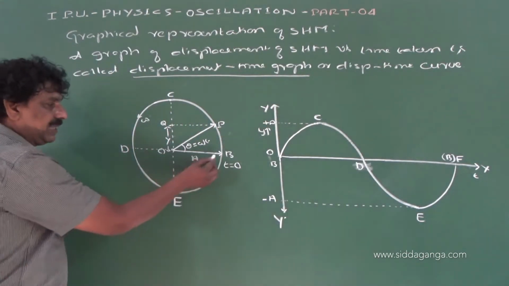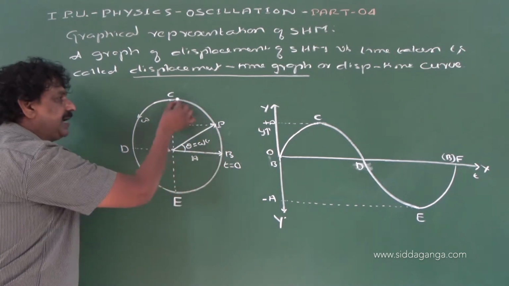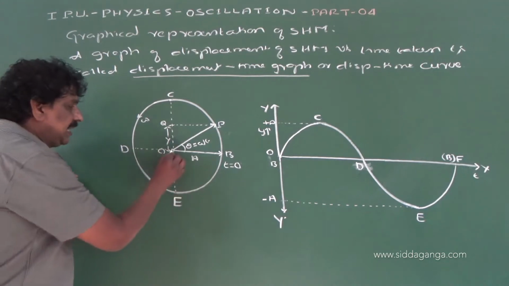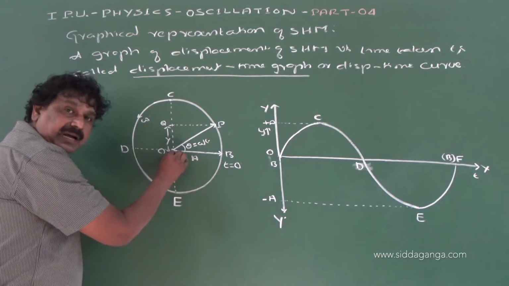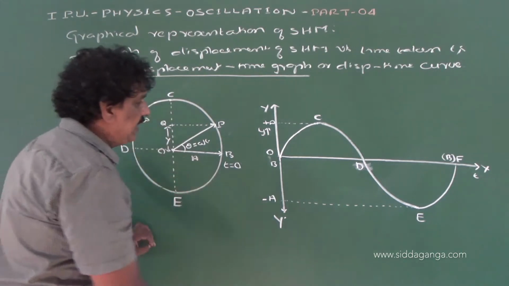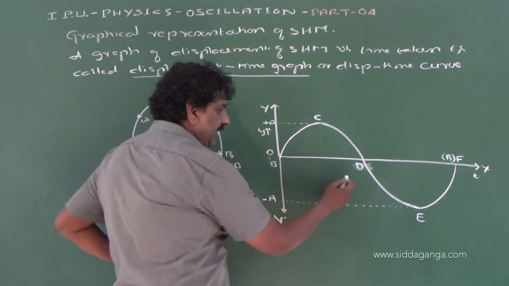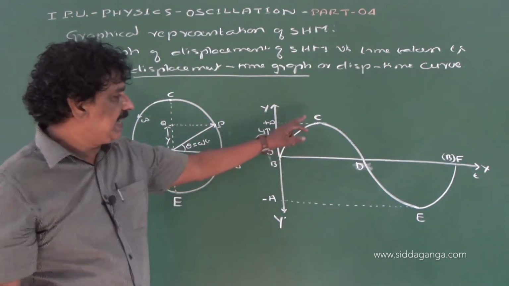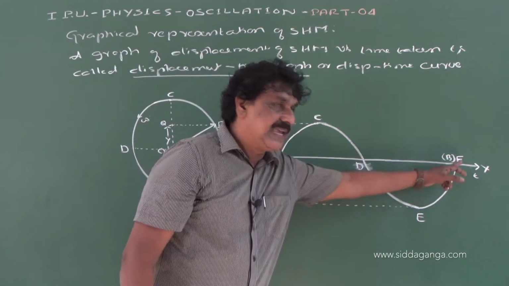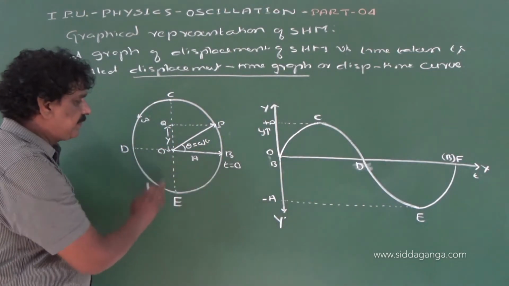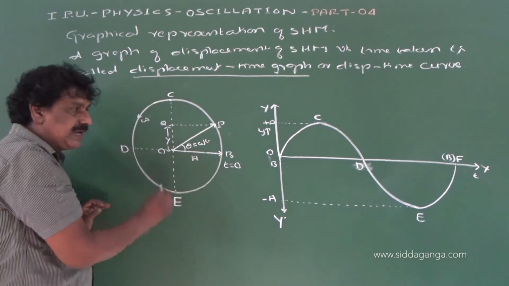Then when the particle completes one circular motion, the foot of the perpendicular completes one oscillation, and the displacement against time is represented by the curve BCDF. That is simple harmonic motion.